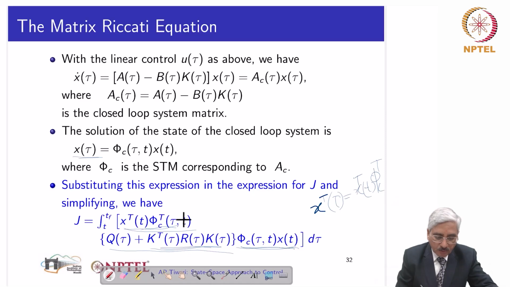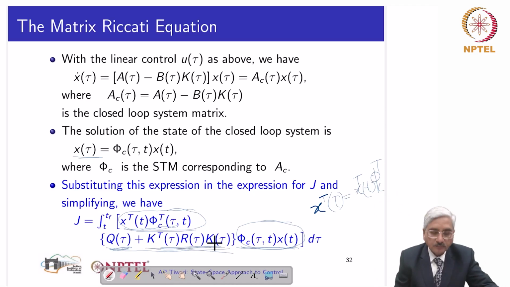So what happens is that x transpose phi transpose on the left and phi into x on the right come out common, leaving Q plus K transpose R K in the middle. That J changes to this.